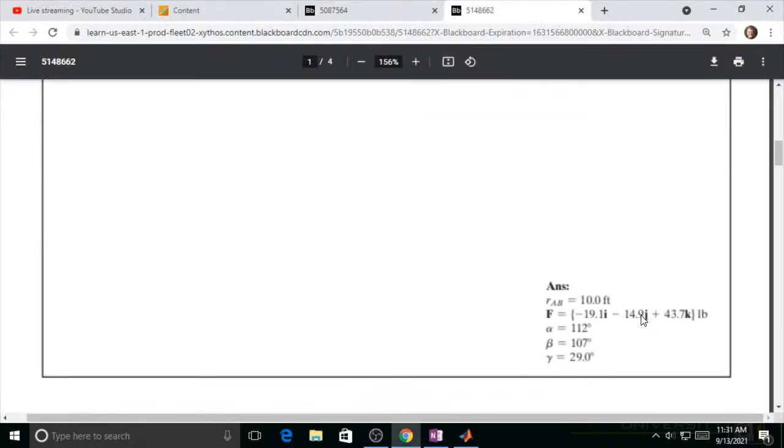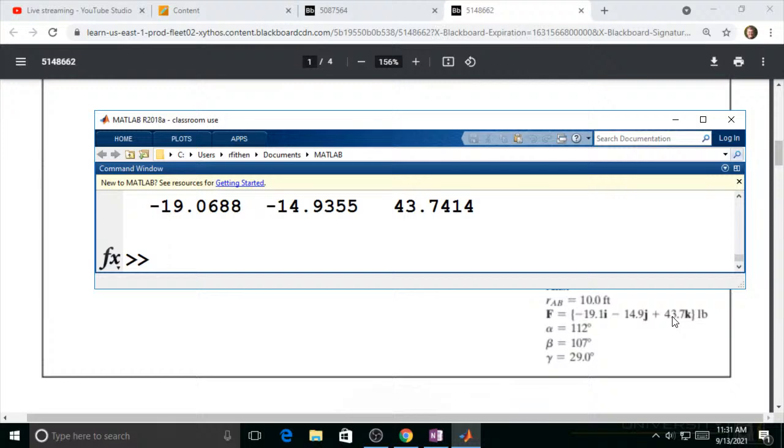Is it 19 minus 14.43? Oh, I can see that right there: 19.1, 14.9, 43.7.